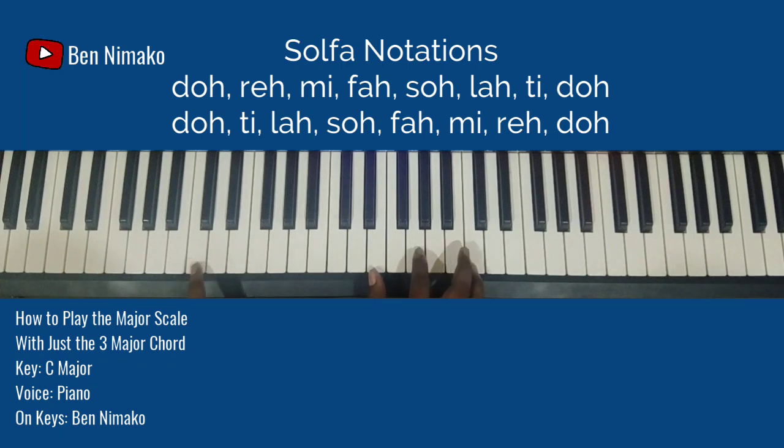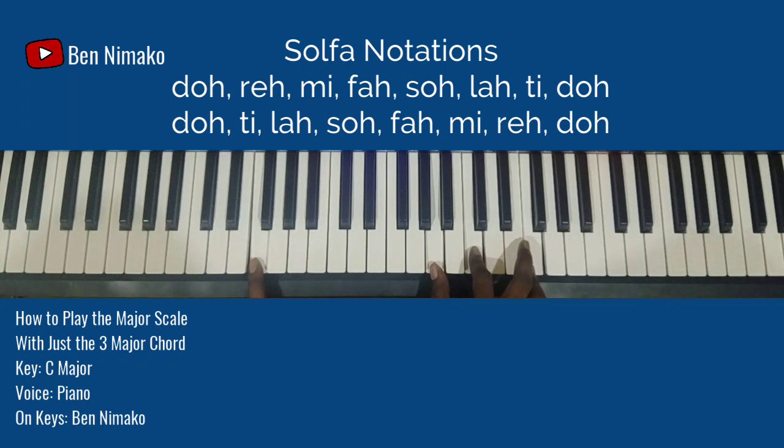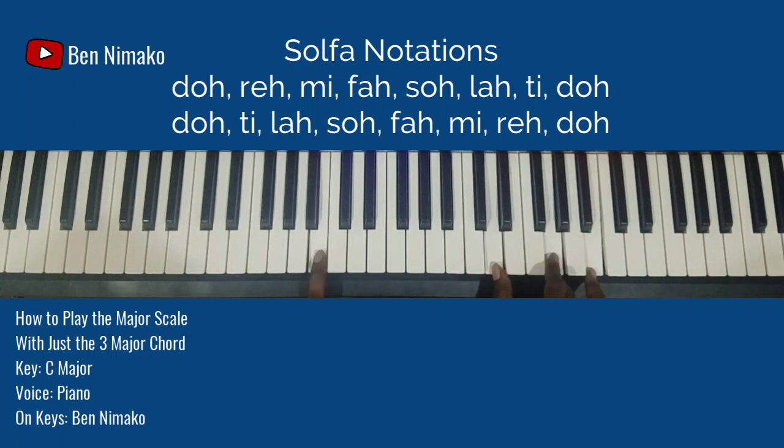Again, C major over the first, G major over the second, C major again over the third, F major over the fourth, C major again over the fifth, F major over the sixth, G major over the seventh, and back to C major.